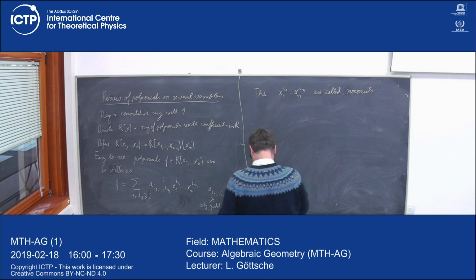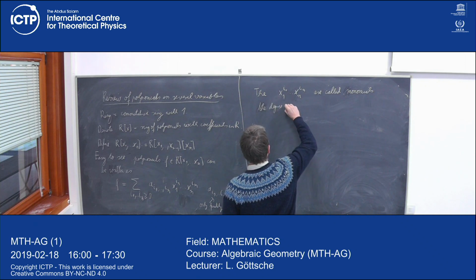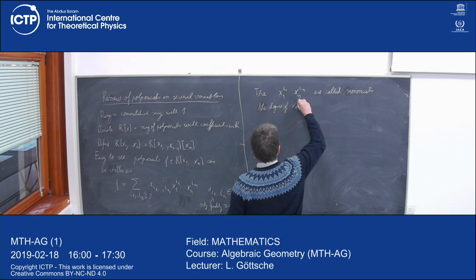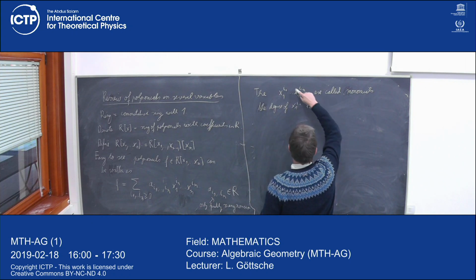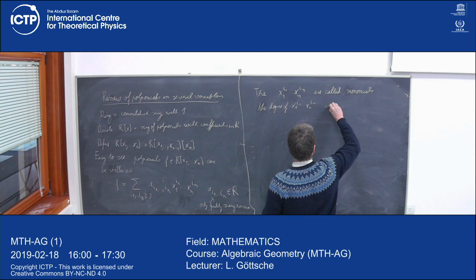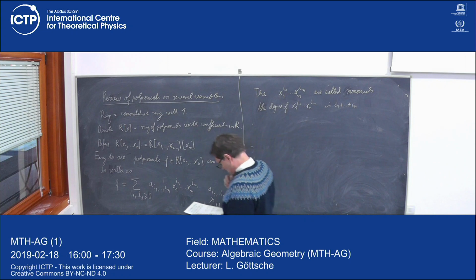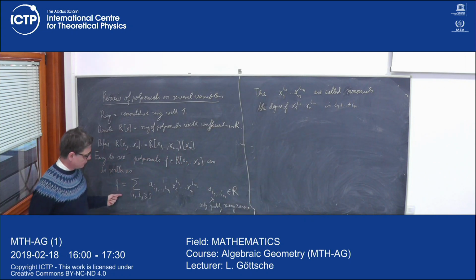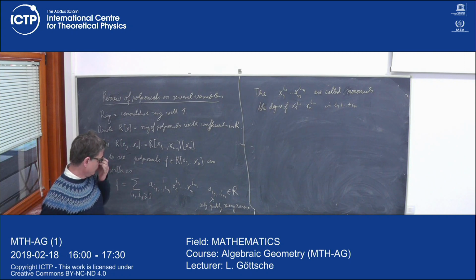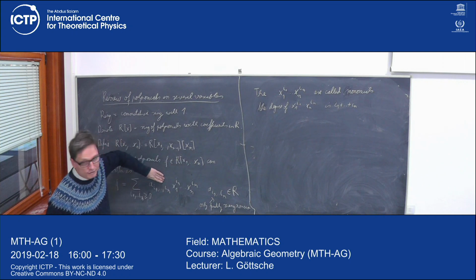And the degree of this monomial is the sum of the powers here. And if I have a polynomial, the degree of the polynomial is the highest degree of a monomial whose coefficient is non-zero.